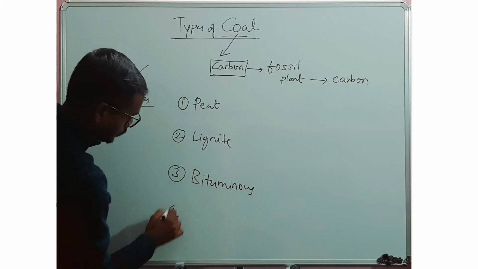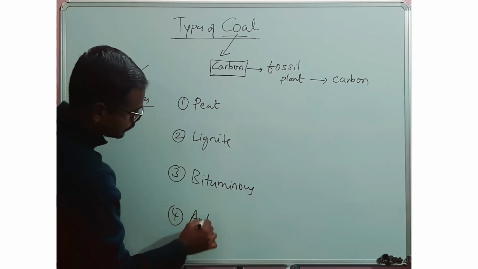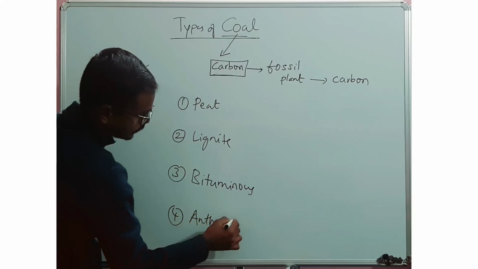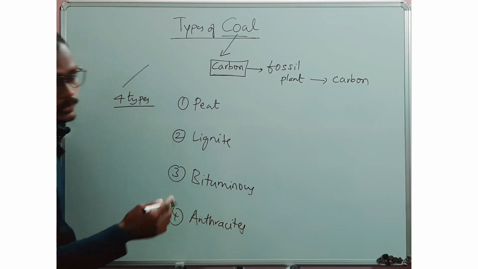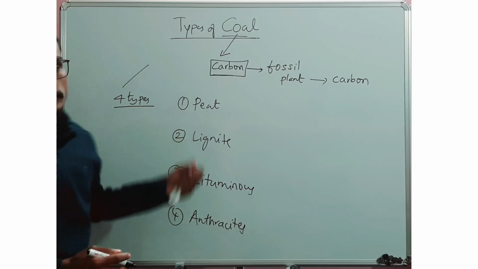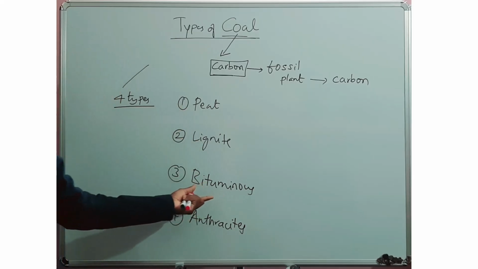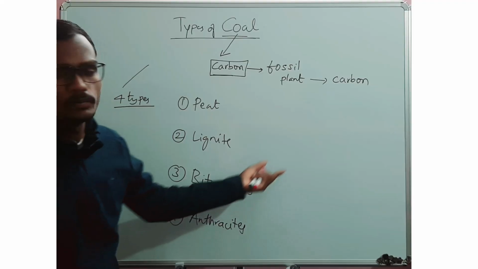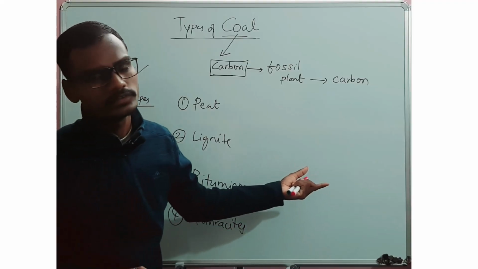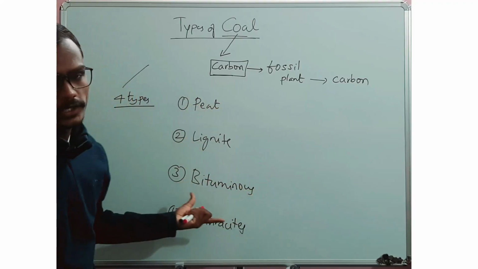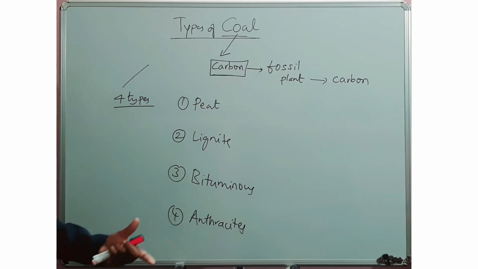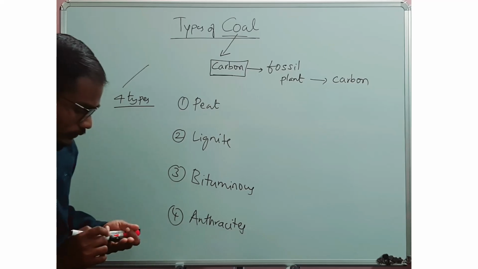And the fourth one is anthracite. These are the four main types we are getting now. There are also categorizations like sub-bituminous, but mainly there are four types that we need to understand and know.